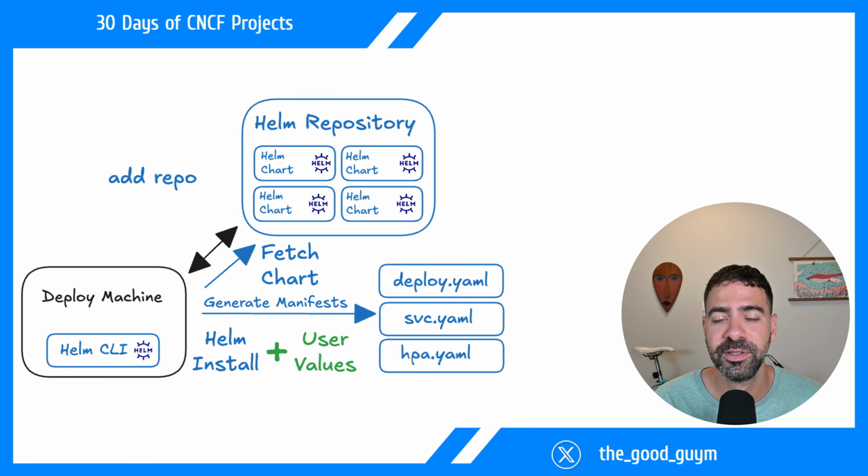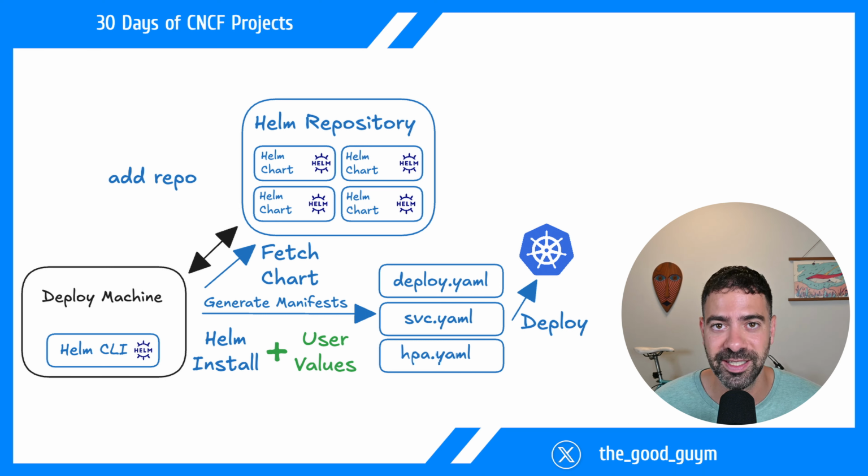Then Helm will do the templating work. After that, when the manifests are ready and correct, Helm will deploy the manifests into the remote destination cluster. And that's it. The installation is done, the chart is deployed, all the manifests are generated.